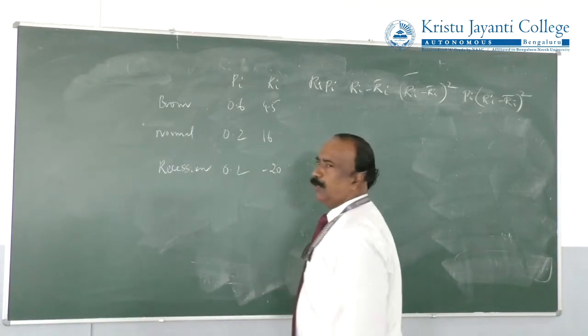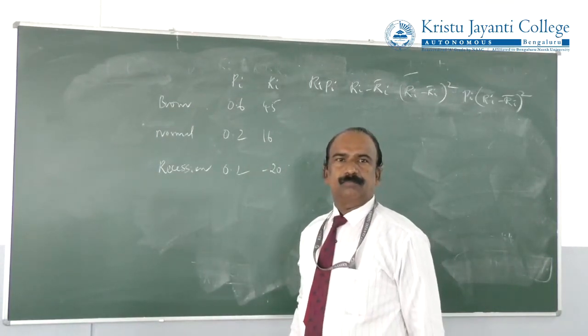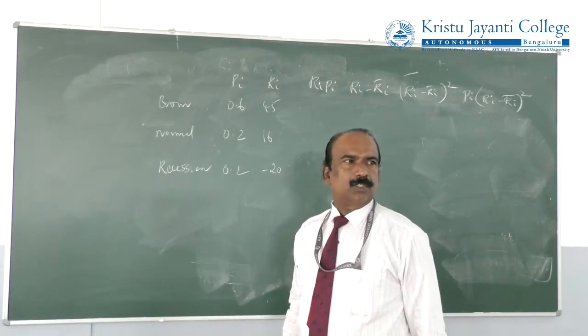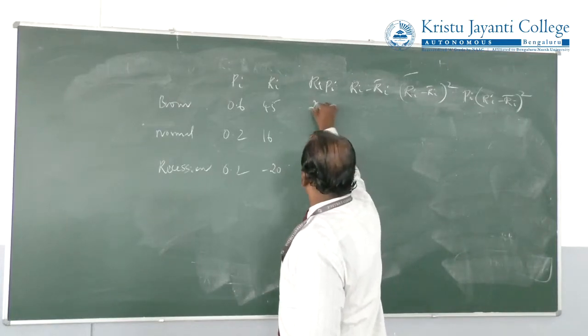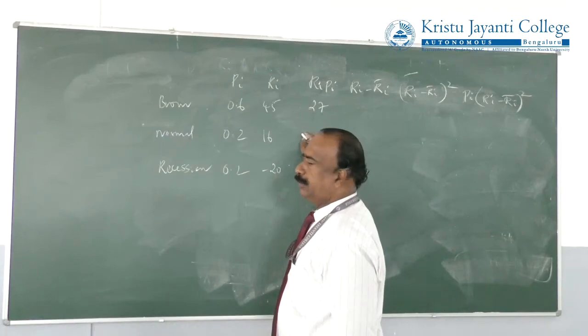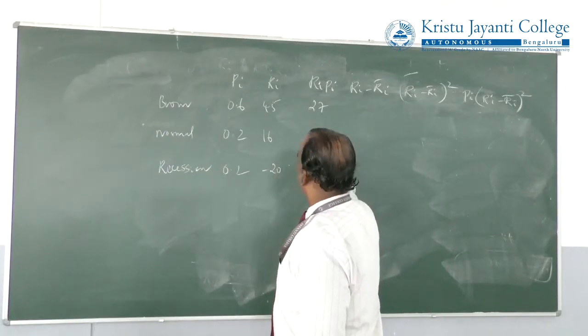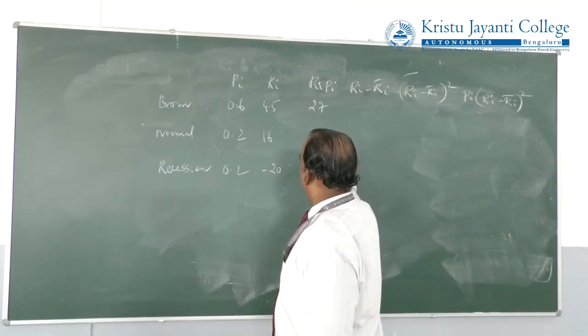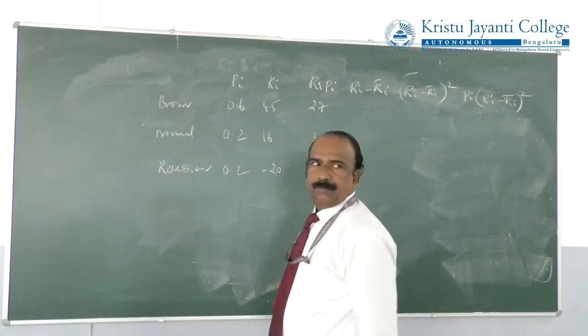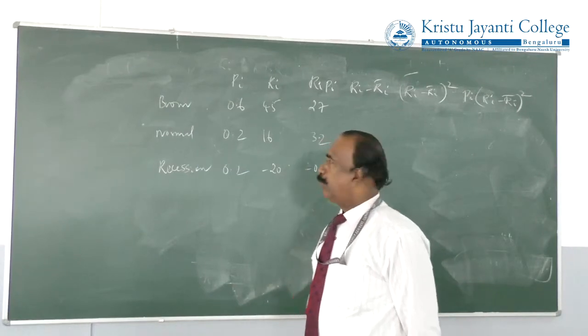So Pi Ri: 45 into 0.6 is 27, 16 into 0.2 is 3.2, minus 20 into 0.2 is minus 4.